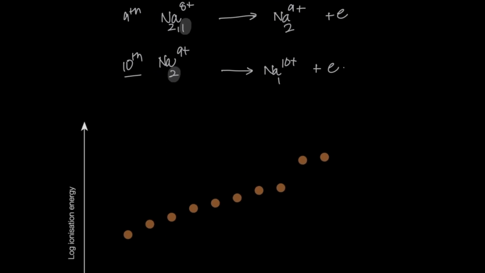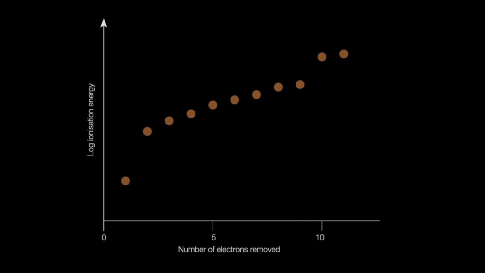What I'm saying is, I'm going to be showing you this graph. Now this graph is the log of the ionization energies so that I can plot them linearly, easily, of the first 11 ionization energies of sodium. And what you realize is that there are values that are increasing, but there are also larger jumps in values right there and right there.